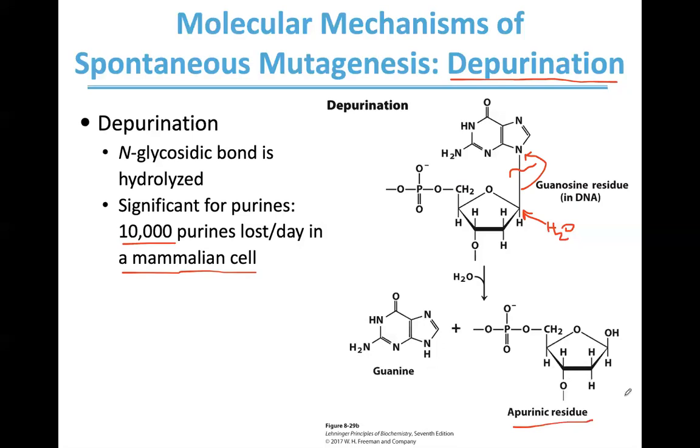And then the DNA repair enzyme comes in and senses that something is wrong, a base is missing. How does it know that it needs to put guanine back in here? How does it know that it has to be guanine and not something else?